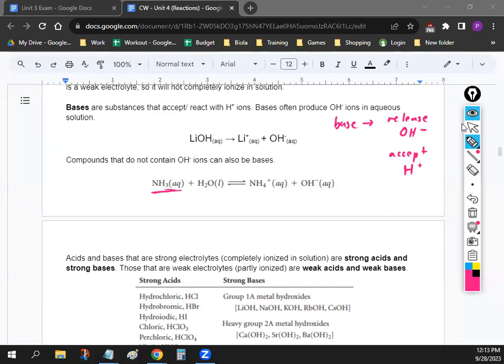So one type of base is compounds that release OH minus. The other type of base are compounds that accept hydrogen. Now, for the AP test, it's usually going to be ammonia, NH3. So just remember that NH3 is a base and it produces ammonium by receiving H from around it.